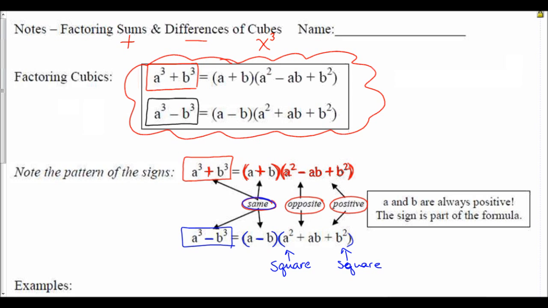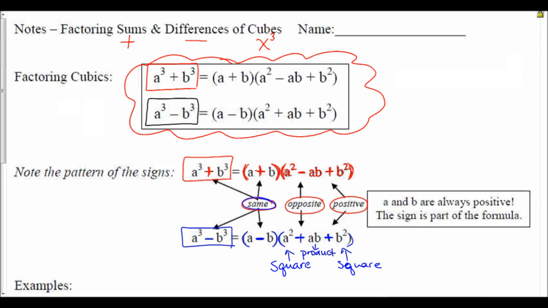So those a squared and b squared, and the middle term is the product. That's the same pattern as we had above. Now in this one, if we started with a minus in our original problem, then our next sign is the opposite, so it would be positive. And the last term is again always positive because it's a squared.